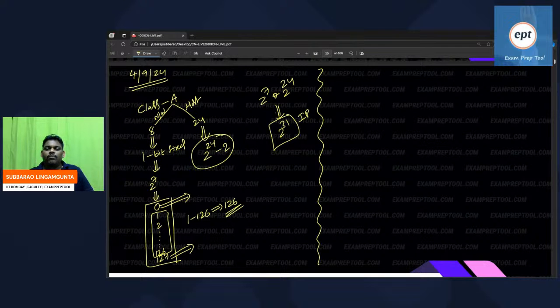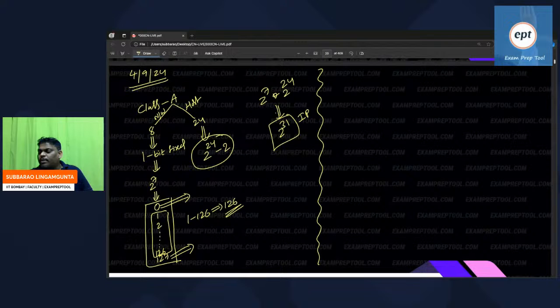Big companies. What is the reason? 2 power 24 hosts they can manage. For 2 power 24 computers, they can allocate IP addresses. A company which has a larger number of employees normally takes this.